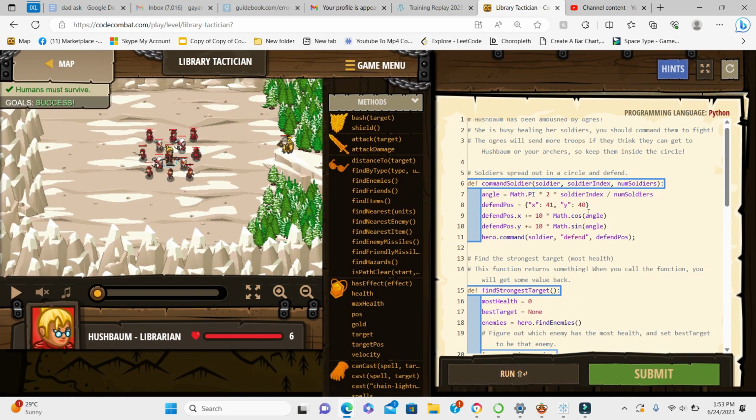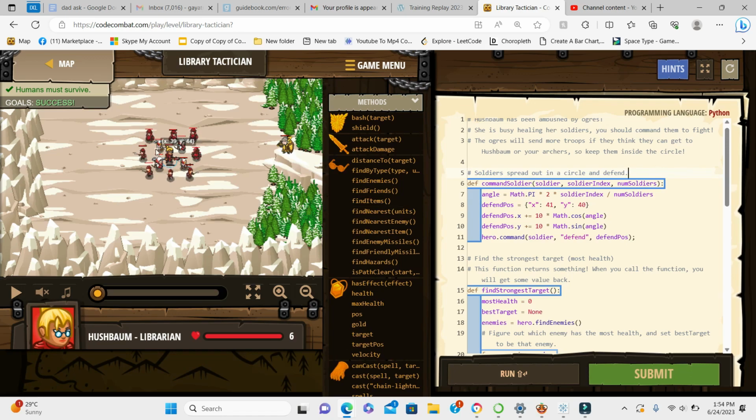But it's time to make a bit more sense of this function. What we do is we take math.pi, multiply by 2 and the soldier index. Then we have that divided by the number of soldiers. And now we have the angle. What this does is we basically have 360, and if you divide it by the number of soldiers, there's basically an equal angle.